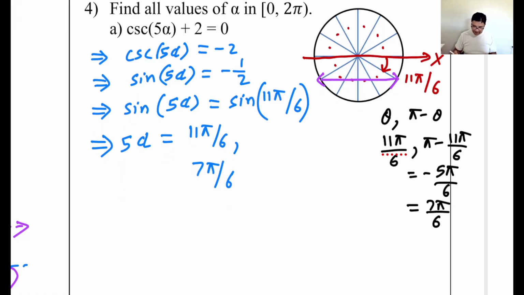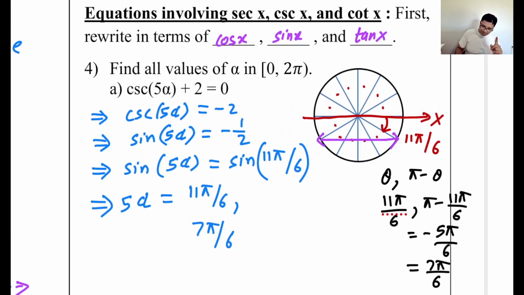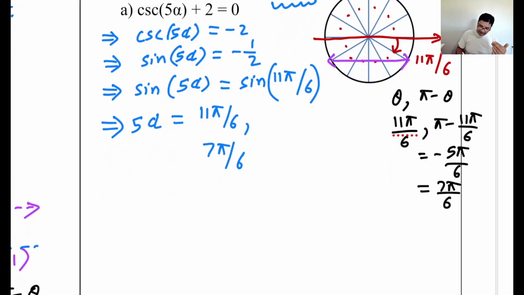But why did I write them in a separate line? There is a reason. See, we have to get the values of alpha between 0 and 2 pi. What we have here is the values of 5 alpha between 0 and 2 pi. Okay, that's not enough.